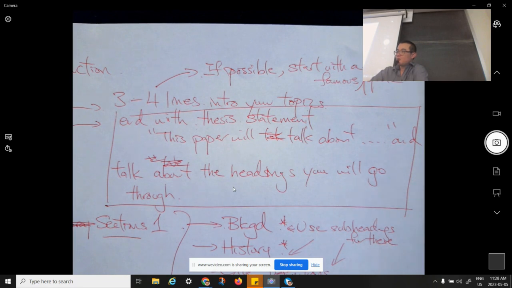I know this is not biology, but for example, ask not what your government can do for you, but what you can do for your government, spoken by JFK.